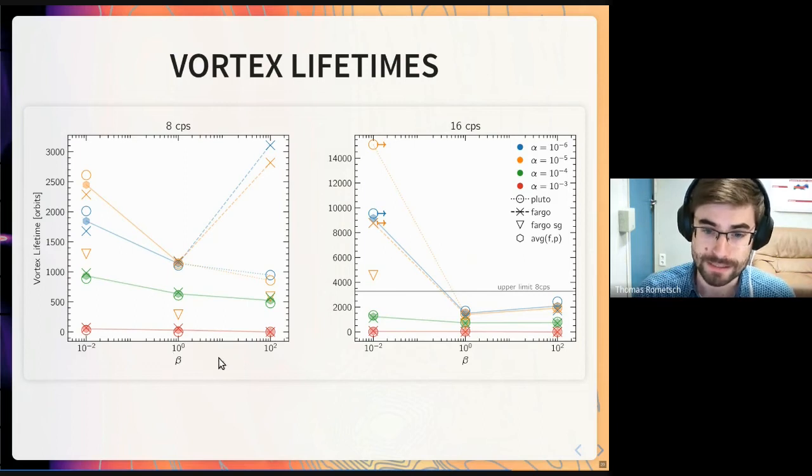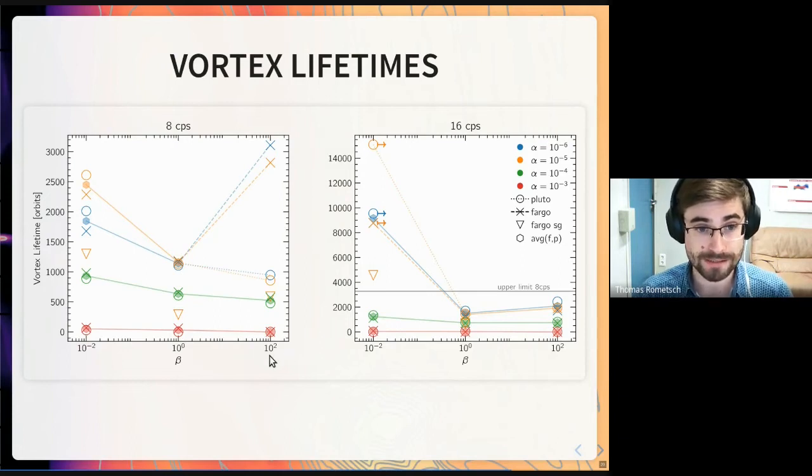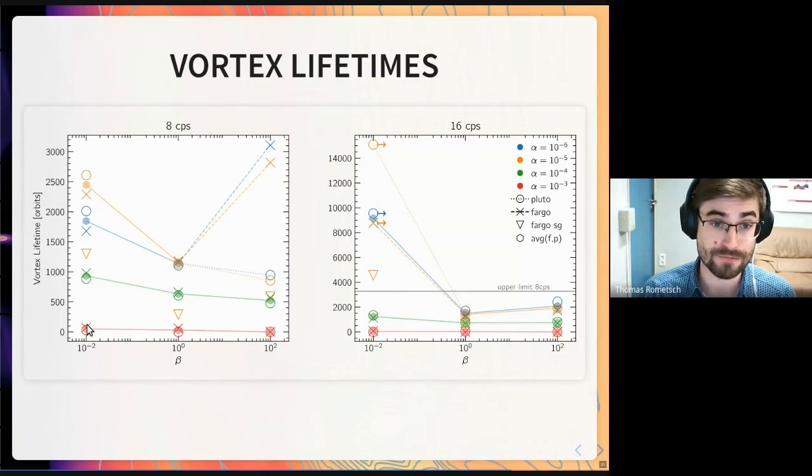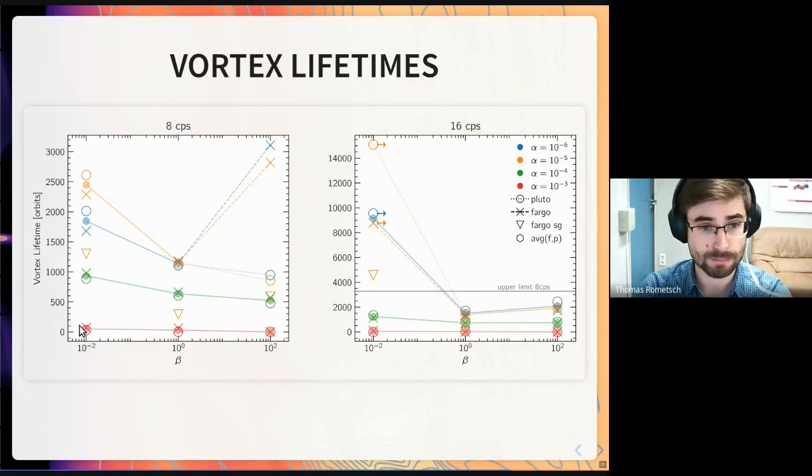Now what we can see here on the horizontal axis, it's the beta parameter, so how fast the disk cools. It cools, or it changes back to its background state very fast on the left side, almost as if the temperature was fixed. There's also an approximation often done that the temperature is just fixed.